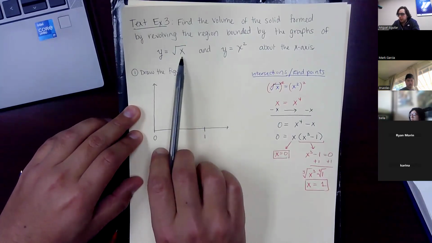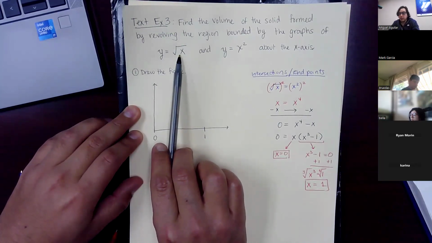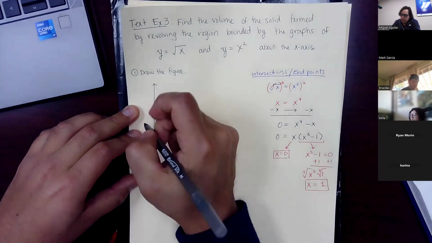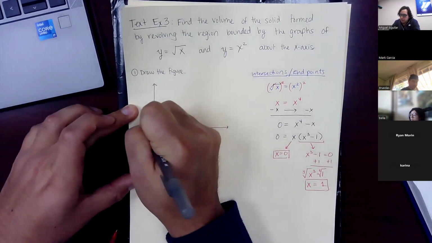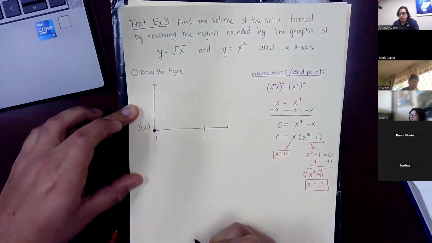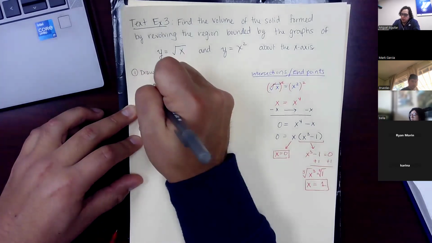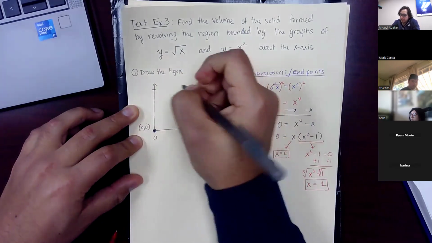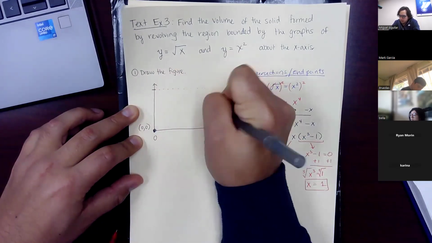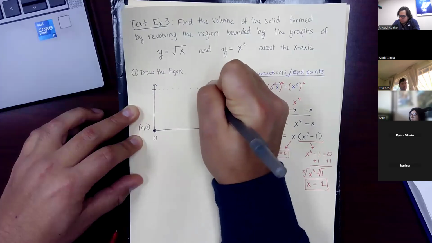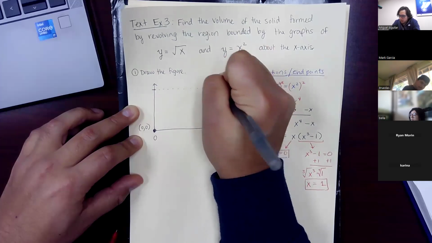If I plug in 0 here, then I'll get a y value of 0. So that means that they intersect here at 0, 0. And if I plug a 1 into that function, then they are intersecting at 1, 1. So that's 1, 1.